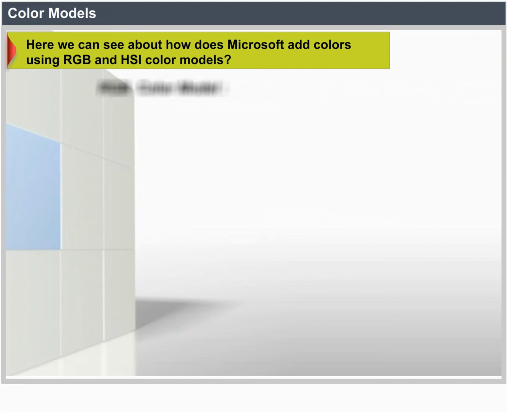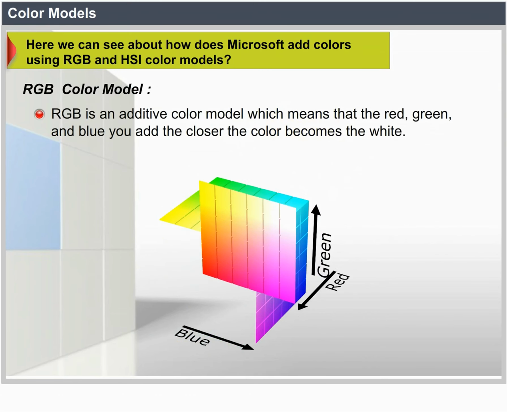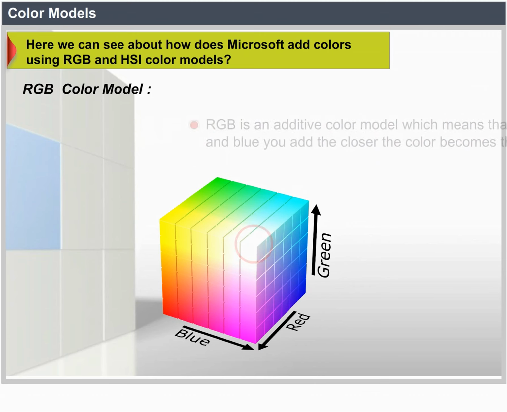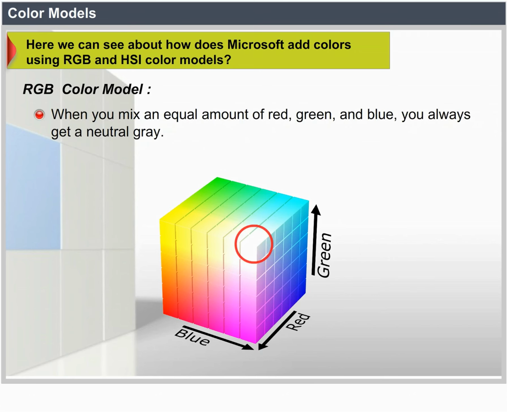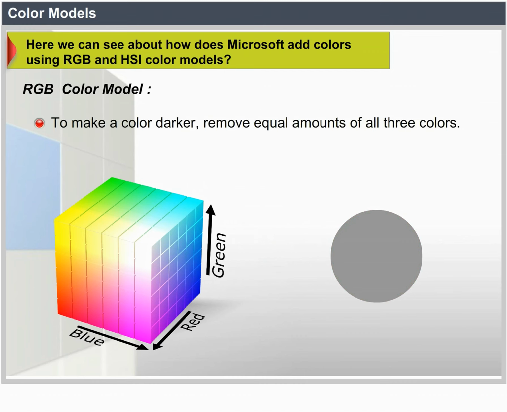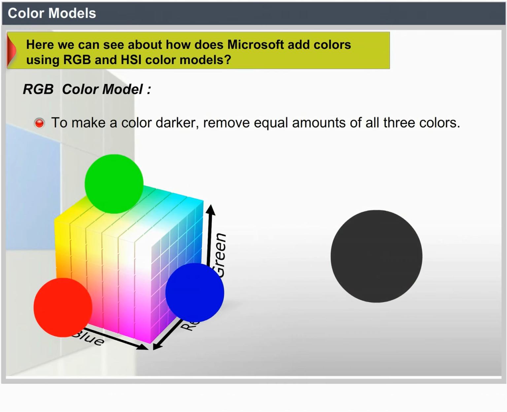RGB color model. RGB is an additive color model, which means that the more red, green, and blue you add, the closer the color becomes to white. When you mix an equal amount of red, green, and blue, you always get a neutral gray. To make a color darker, remove equal amounts of all 3 colors.